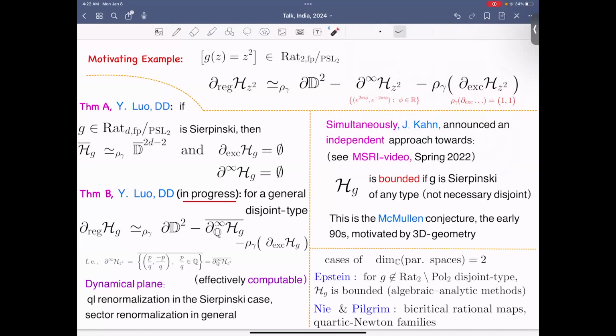Namely, if our map is Sierpinski, then in fact there are no obstructions, and the whole closure of a hyperbolic component is a polydisk. There is also no exceptional boundary. So in the Sierpinski case, there are no obstructions. There are also no obstructions in many other situations. The way we can try to state it is that this obstructed boundary should be the closure of the geometrically finite obstructed boundary.